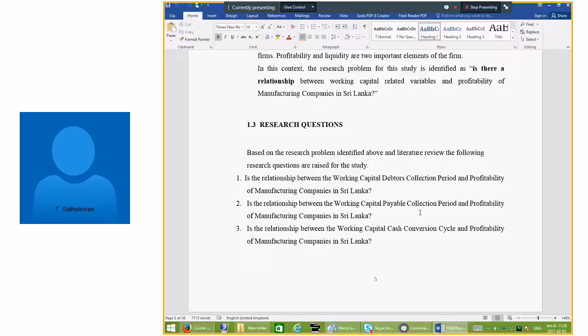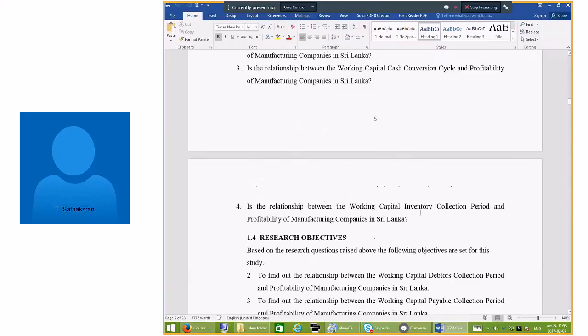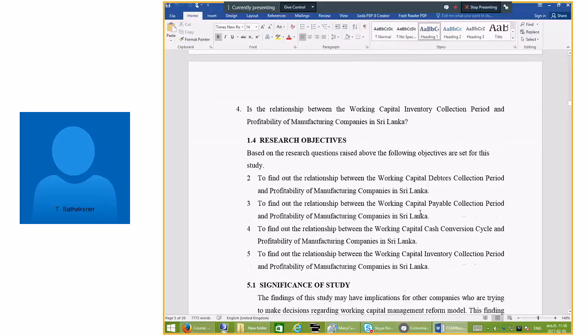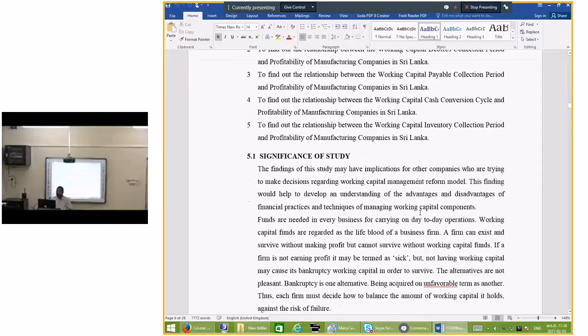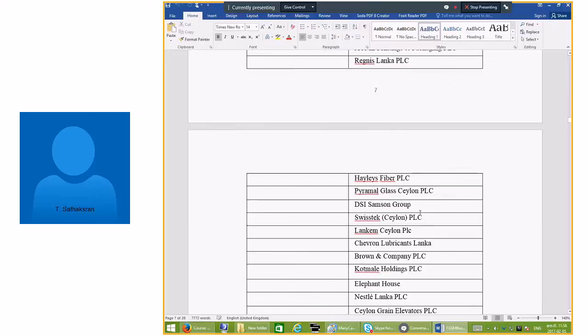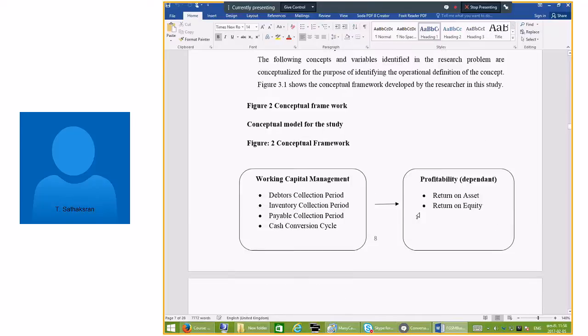To find out the relationship between the working capital cash conversion cycle and profitability of manufacturing companies in Sri Lanka. Okay, continue. Then next objective, to find out the relationship between the working capital and inventory collection period and the profitability of manufacturing companies in Sri Lanka.